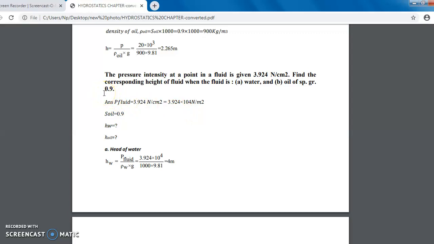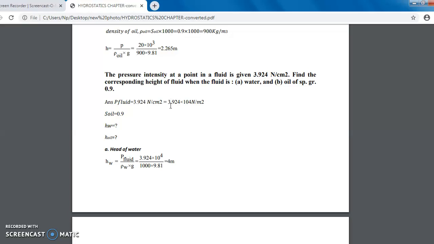So again pressure is given, but the unit is different, that is Newton per centimeter square. So what to do? You have to convert into the SI form. Here you have to multiply by 10 to the power 4.